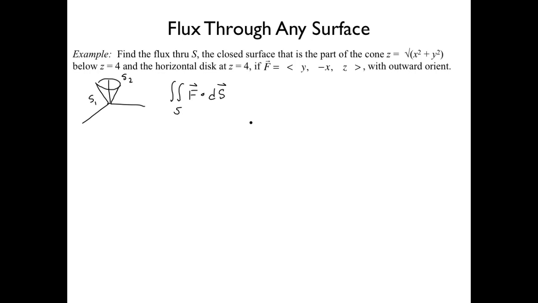Any other way to do it now? Does it meet the criteria for the divergence theorem? Yeah, it's a closed surface. So instead we can calculate a triple integral. Did you ever think that you would say triple integral is easier?